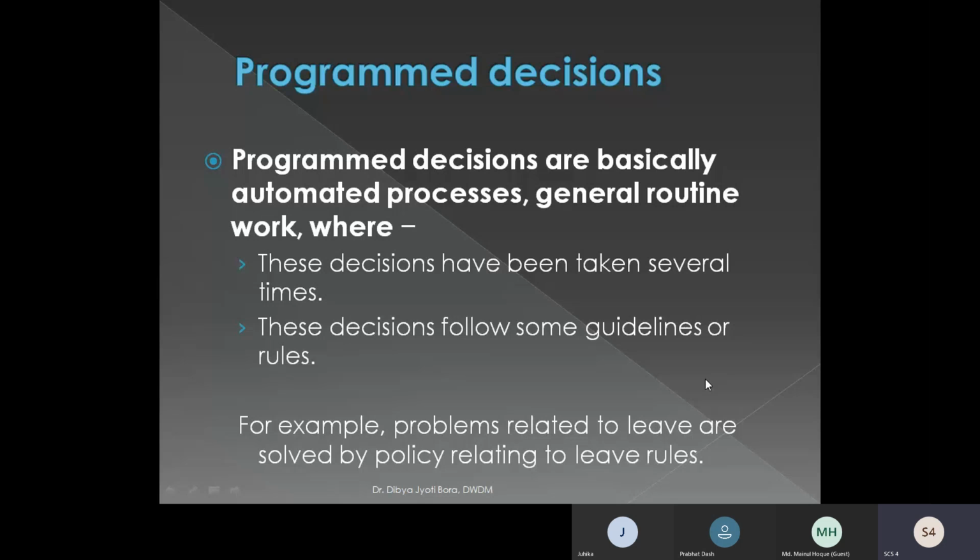Yes or no? So there are some rules that the authority has to follow while giving you the leave. So this is a structured way. This is a repetitive procedure. You may need to take this decision several times. That is our programmed decision. I hope this term is clear to everybody.